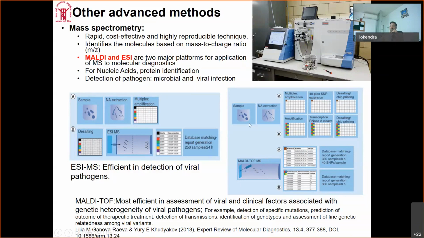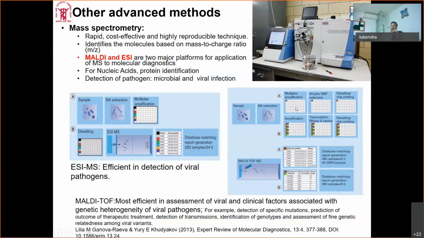In a multiplex reaction, various combinations of probes can be used to identify different types of SNPs altogether. These are two different methods: one is identifying SNPs, and the second is just to see the expression of genes.